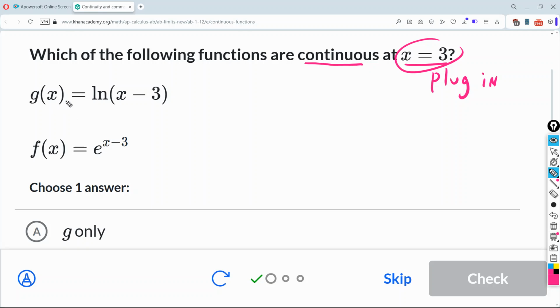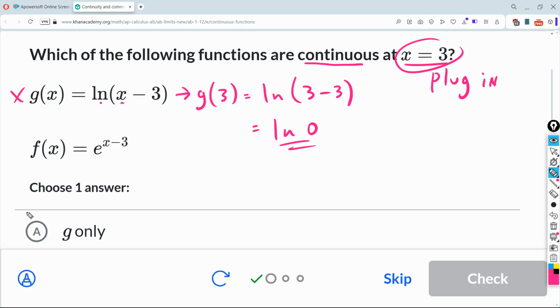For this g of x, if we evaluate g of 3, that's going to be ln of 3 minus 3, and that is just going to be ln of 0. We said a minute ago you can't do the natural log of 0, so g of x is no good.